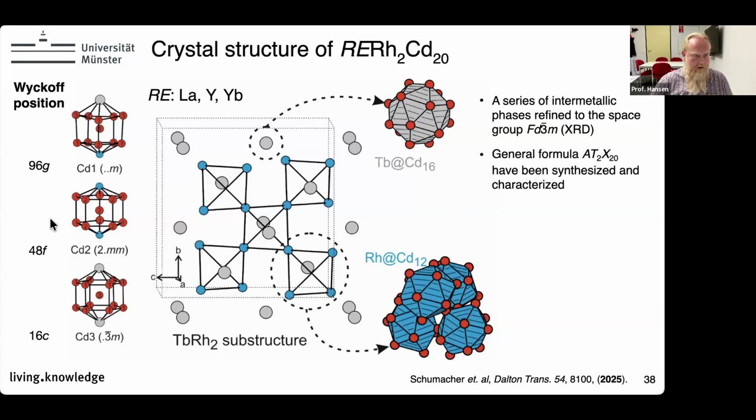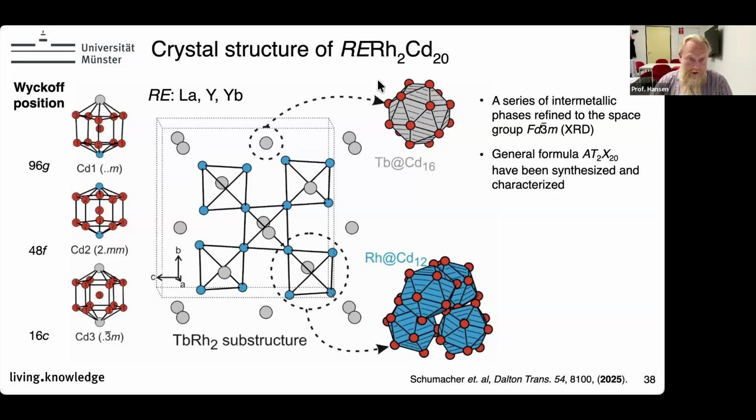From this crystal structure, we also know there are three different cadmium positions: one here in the middle with the mirror plane, number 2 here with a 2-fold rotation axis and some mirror planes perpendicular to it, and then a very high symmetry point for number 3, characterized by a 3-bar inversion axis and a mirror plane. So you have different environments for the different nuclei. This is sometimes very good to focus on when you want to know what to expect from NMR.